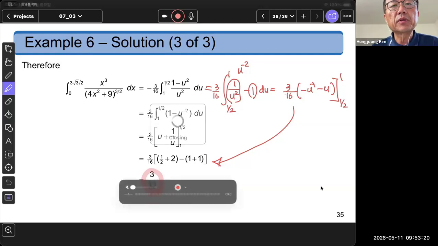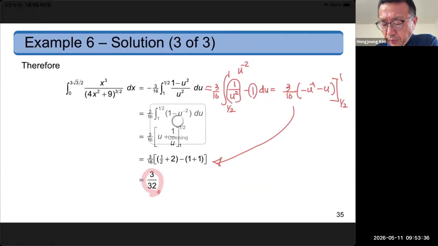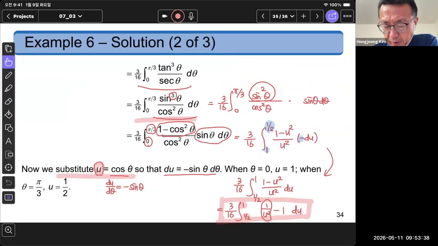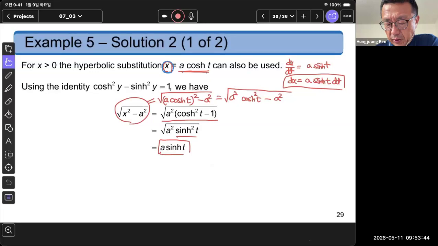Oops, just a second, let me see. Oh, okay. In the exam, okay. So let me go back to the slides, and in this example 5, I introduced two approaches, right?